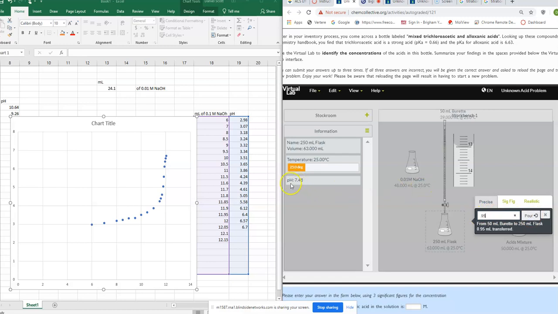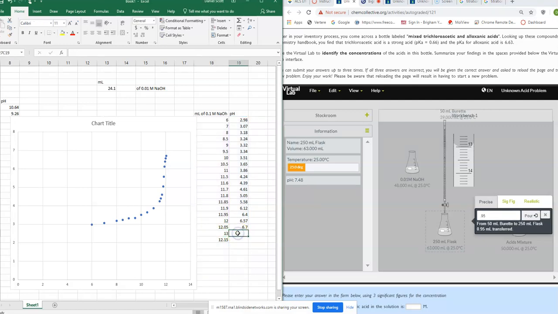So now I'm at 13, 7.48. Okay, and now I'm going to add 1 milliliter increments until I get close to some larger change. So now I'm at 7.78.